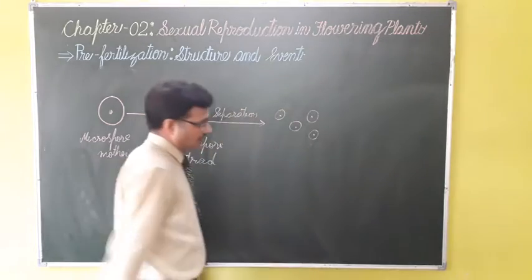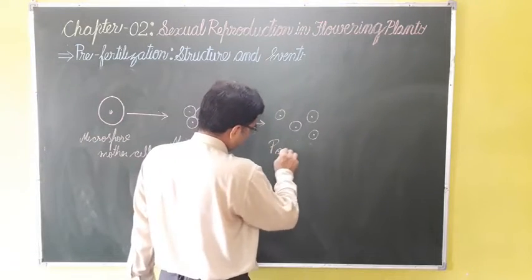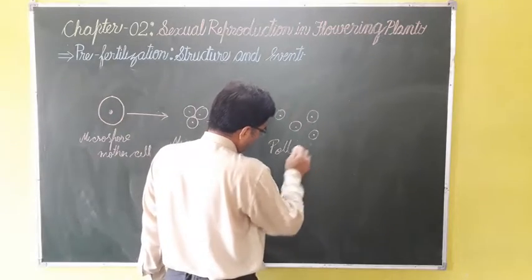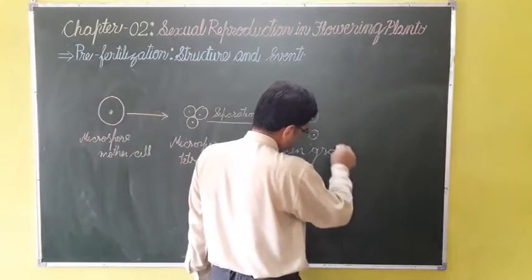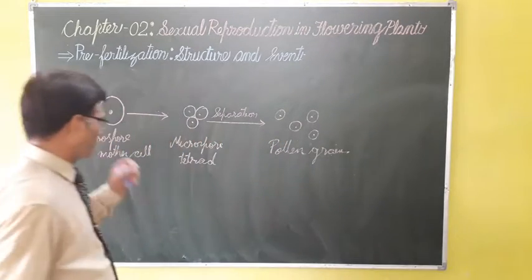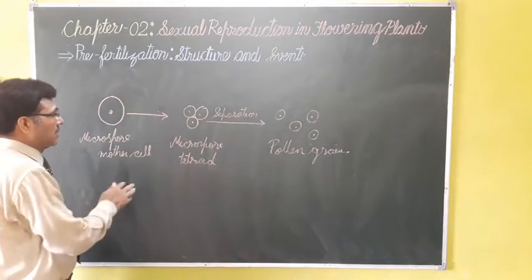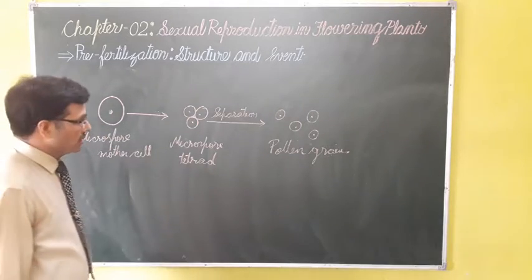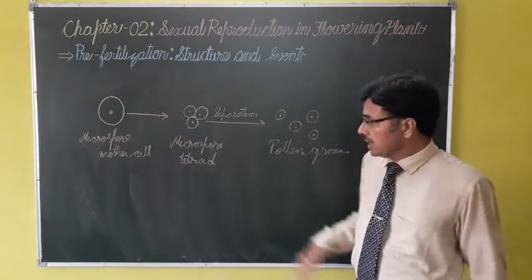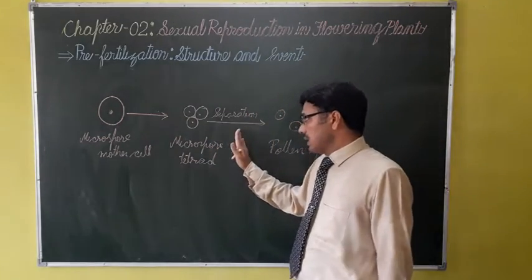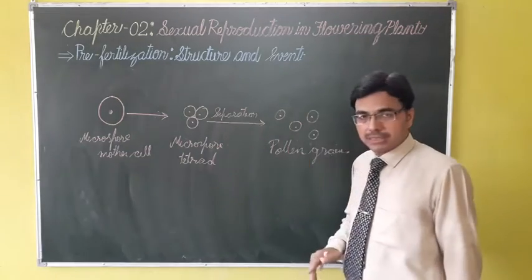What are these? These are called pollen grains. So in this way, the pollen grains are formed. Right? So the microspore mother cell undergoes meiosis, then microspore tetrad formation takes place, then separation takes place, and the microspores develop into the pollen grains.